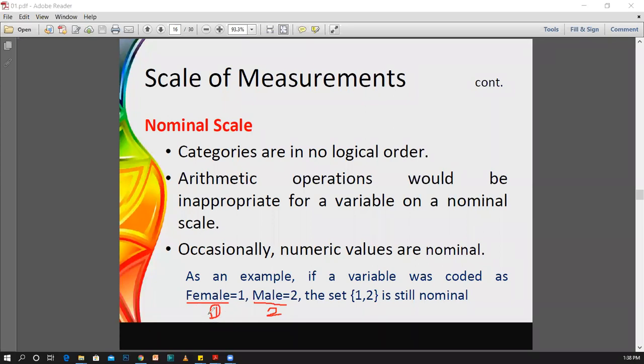This one says that the data point is from a female. If that data point has the value 2, then we can say that data point is from a male. Even though we name the categories using numbers, you cannot go for arithmetic operations if your original data are in the nominal scale. These values are just for identification only.